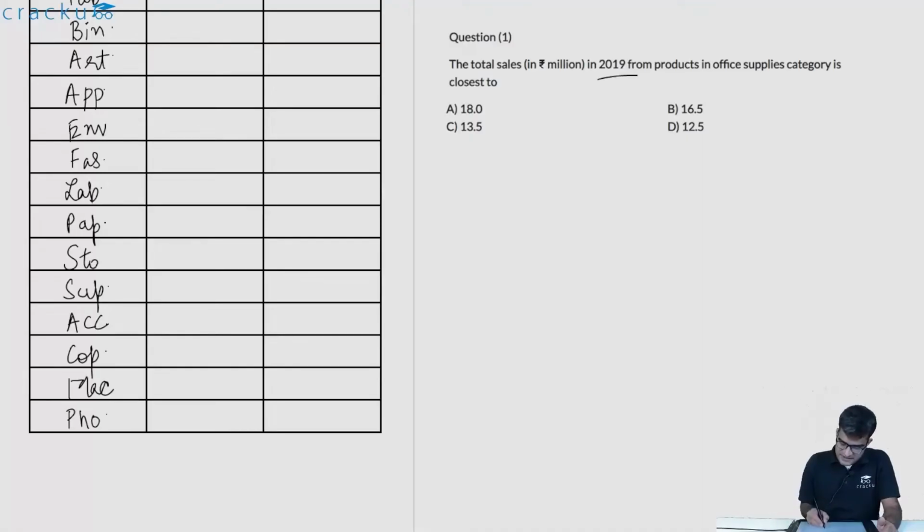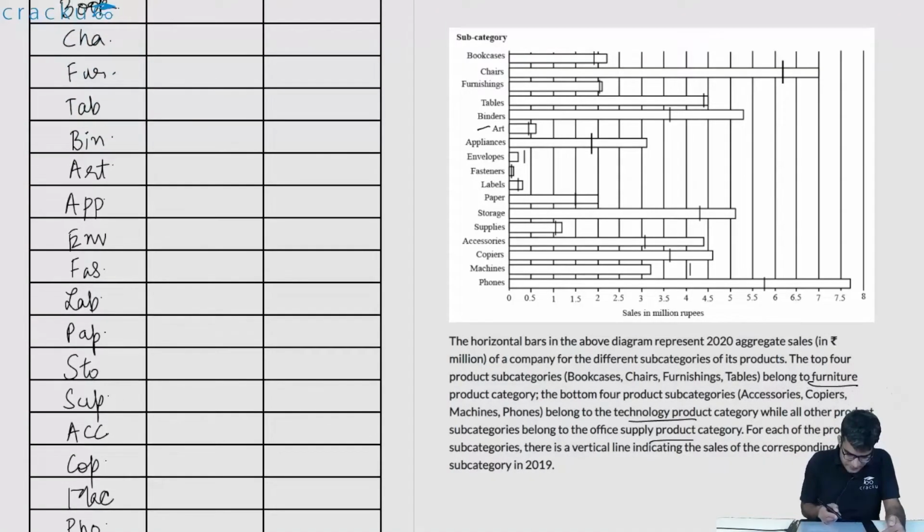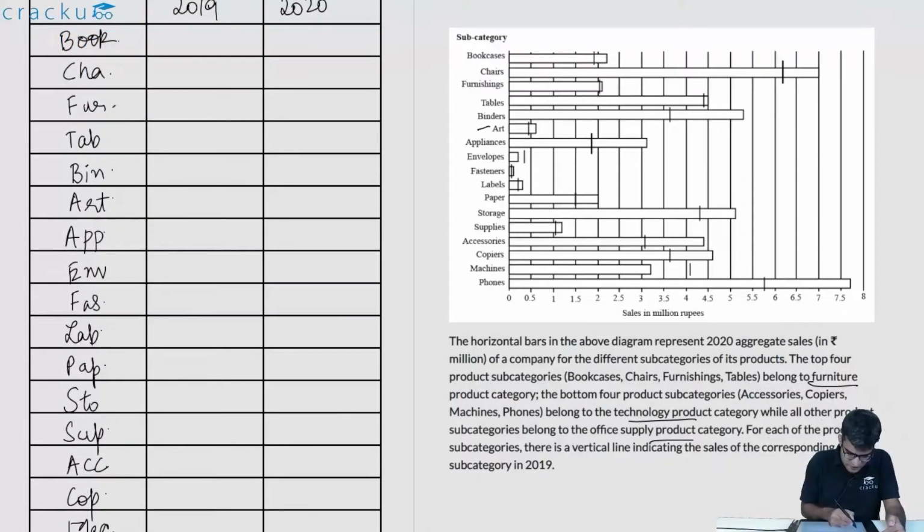The first question says the total sales in 2019 from products in the office supplies categories, that is the middle 9 ones, is closest to. So let us look at the 2019 number for the first one, which is binders. Binders is the first one in office supplies. Binders in 2019 is over here. This is approximately 3.6. Art is 0.4.